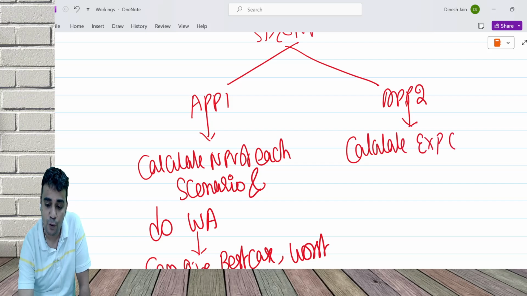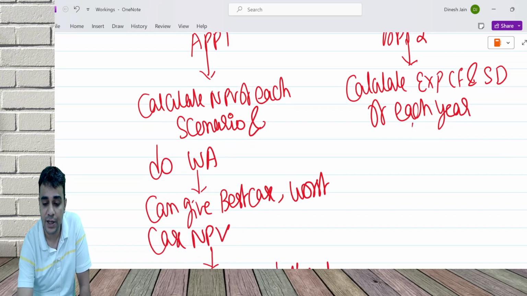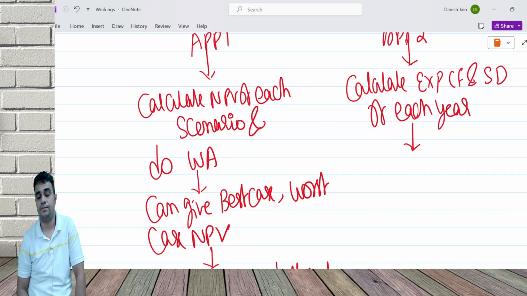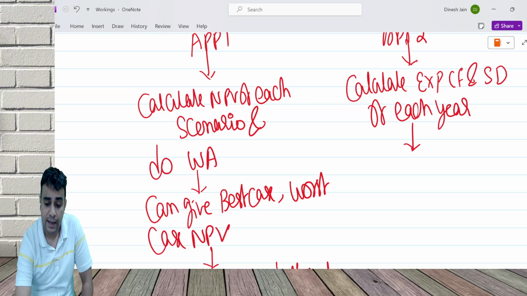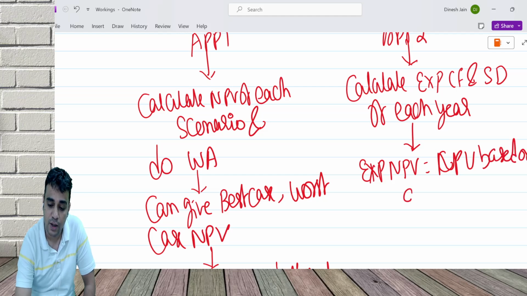Second approach: calculate expected cash flow and standard deviation of each year. Expected NPV is equal to NPV based on expected cash flow.